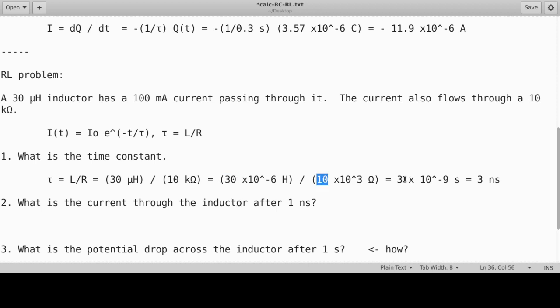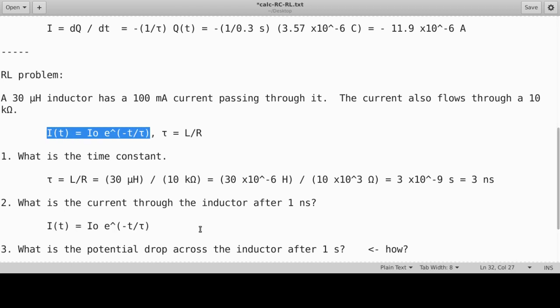You just do 30 divided by 10, that gives you 3, and then 10 to the minus 6 divided by 10 to the 3, that's minus 6 minus 3, so minus 9. So it's 3 times 10 to the minus 9, which gives you nanoseconds. Okay, so 3 nanoseconds. So what's the current passing through the inductor after 1 nanosecond?